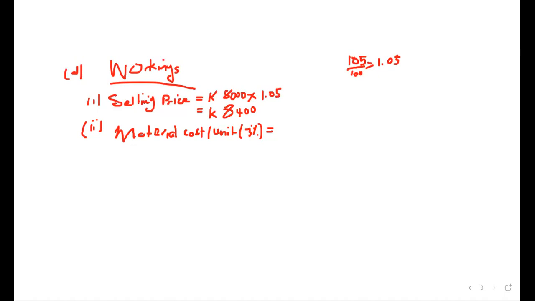If we divide 50 into 200, we get something like 400. Since it is a constant value, it has to be the same throughout the months, from January to December. So you can pick any month and divide the total material cost by the quantity.